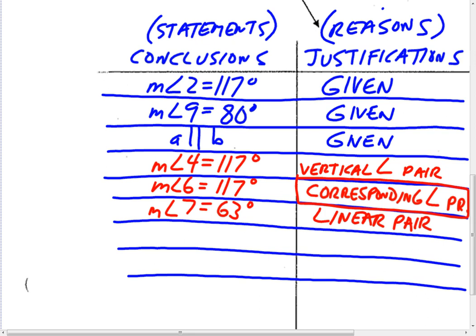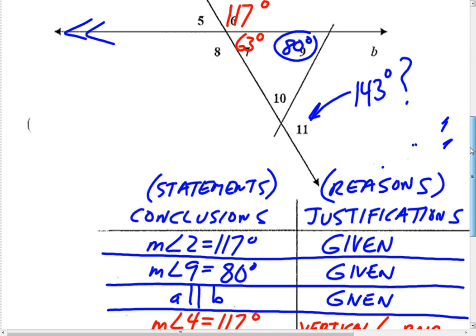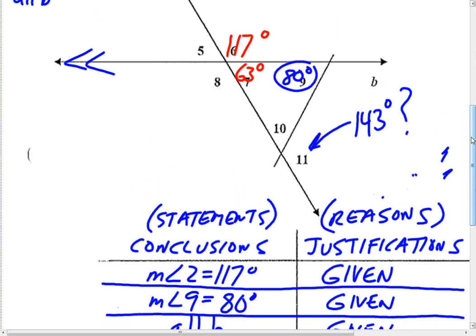We have not officially stated that a triangle is 180 degrees, but I'm telling you, a triangle is 180 degrees. We'll get to that in chapter 4, but I want to use it for this proof. Come back up. If a triangle is 180 degrees, and that's 63, and that's 80, can I figure out angle 10?